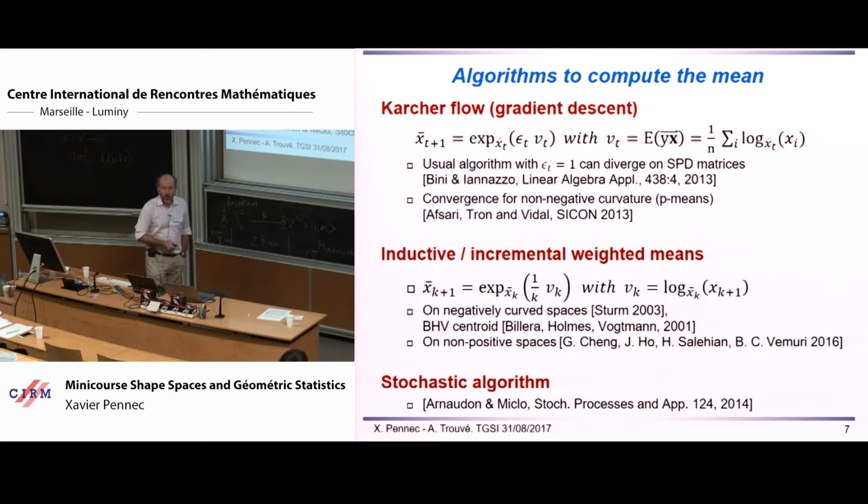Okay, so to work with that, we need to have algorithms. One of the earlier algorithms is the Karcher flow. We basically take the gradient of our squared distance and we try to follow that. The usual algorithm, and the one I'm almost always using, is this one with epsilon equal 1. In most cases it works, but it can fail.